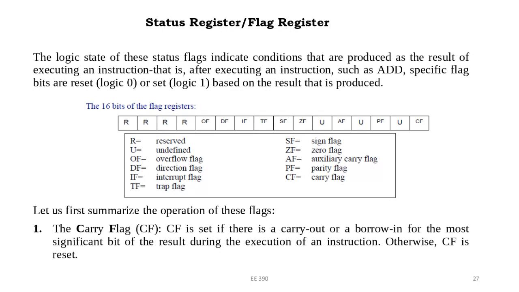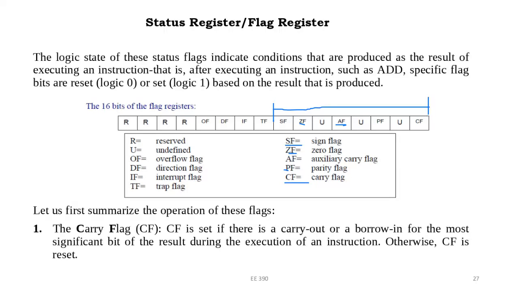CF means carry flag, PF means parity flag, AF means auxiliary carry flag, ZF means zero flag, and SF is sign flag. So these are 5 flags. Here is the lower 8 bits. Out of the lower 8 bits, five bits are active.